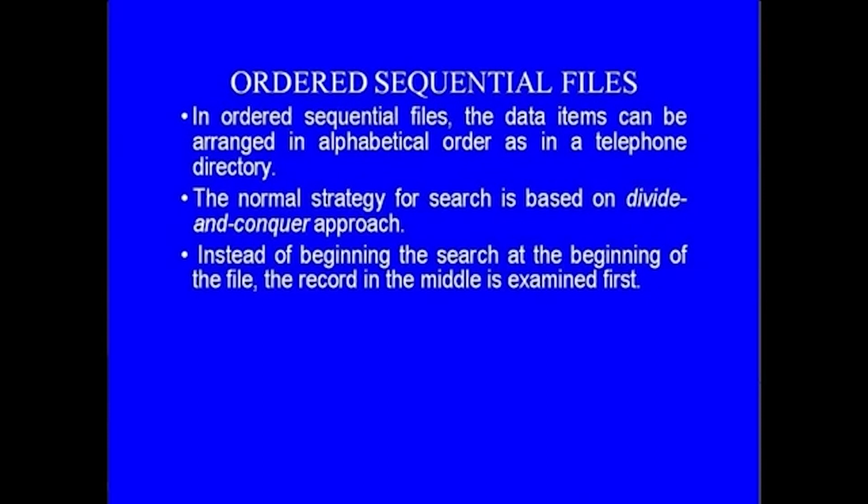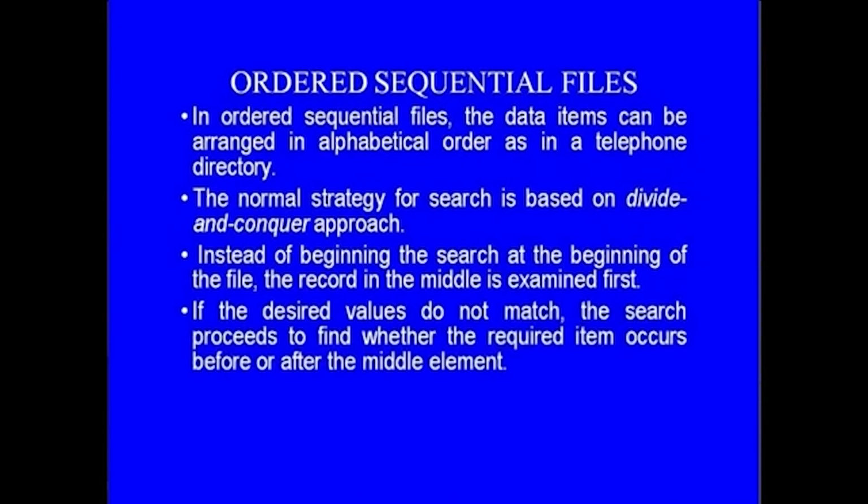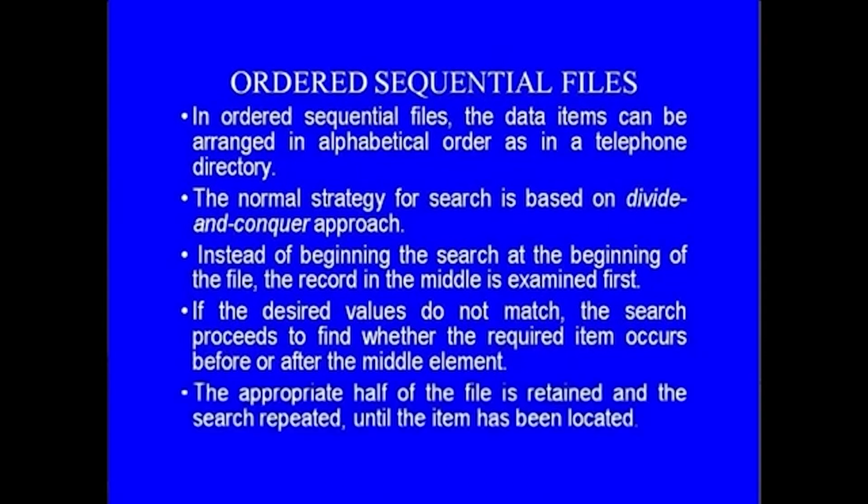Instead of beginning the search at the beginning of the file, the record in the middle is examined first. If the desired values do not match, the search proceeds to find out whether the required item occurs before or after the middle element. The appropriate half of the file is retained and the search is repeated until the item has been located.